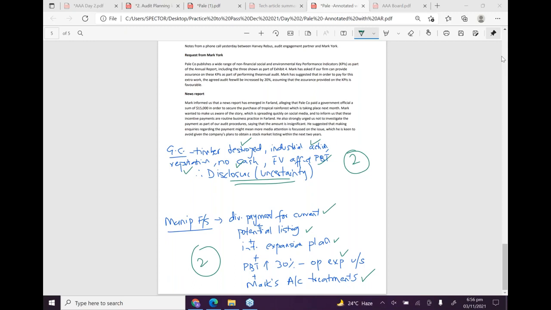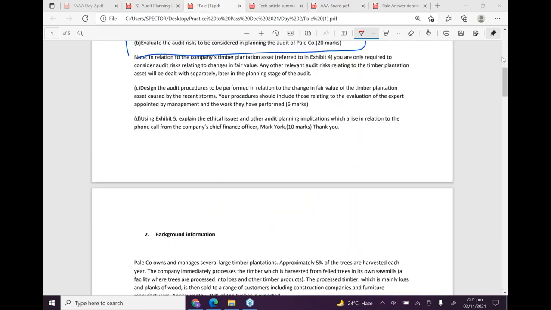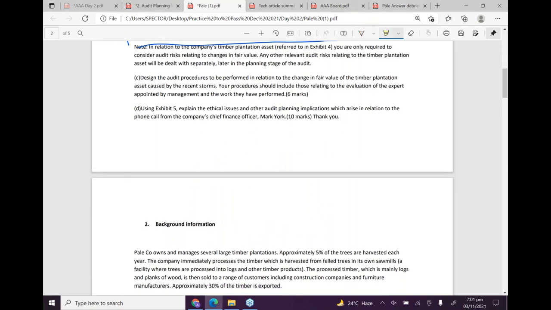All right, guys, and we're back. If I could please now request you to attempt part D for me. I'm going to share my screen again this time around, and I'm not helping you at all. I want you to read this requirement very carefully.